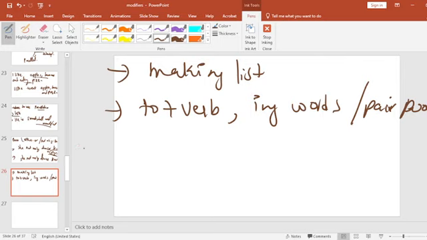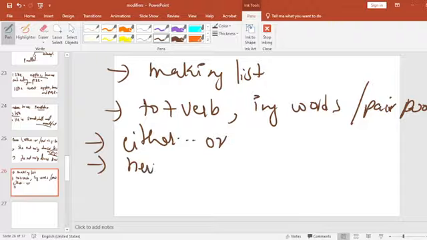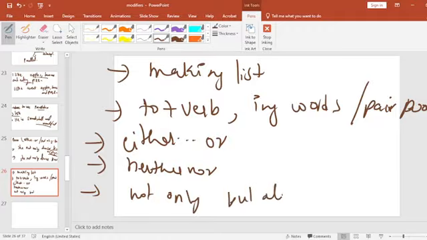And use it for patterns like either or, neither nor, not only but also, both and. So in these places you can check for parallelism.